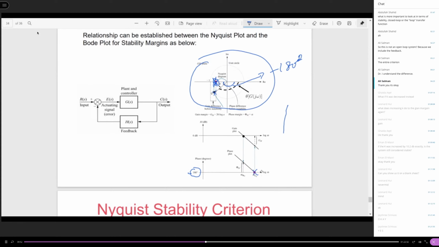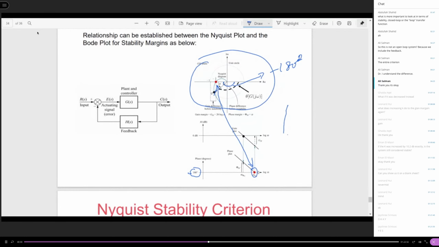You identify that, then you mark where the phase plot crosses the minus 180 degree line. And that's your crossover point for the gain margin. Both of them are marked as red. See, these two points correspond to each other.